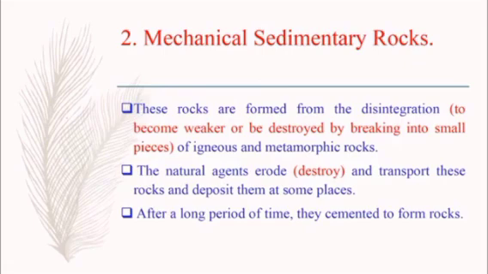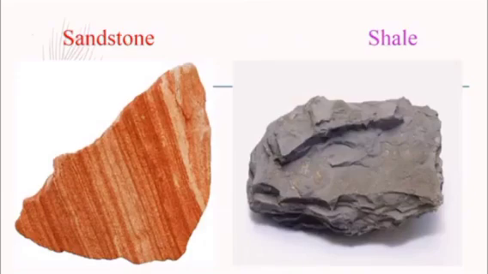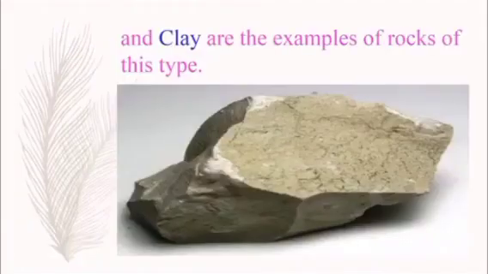After a long period of time, they are cemented to form rocks. Sandstone, shale and clay are examples of rocks of this type. Here we can see the pictures of sandstone, shale and clay.